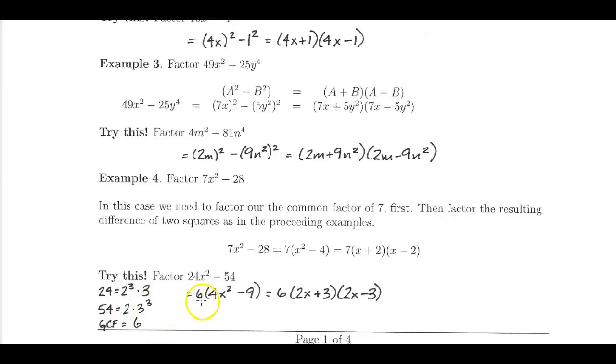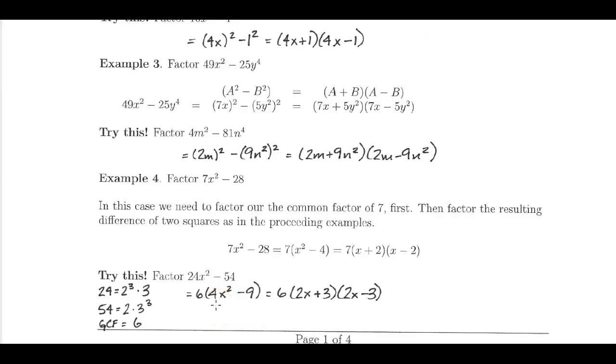So I was able to factor out a common factor of 6. And so we have 6 times 4x squared to give us the 24x squared back, and 6 times negative 9 is negative 54. So distributing the 6 gives us back the 24x squared minus 54.